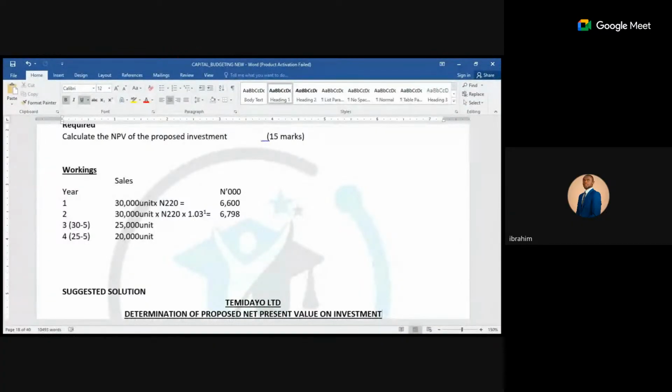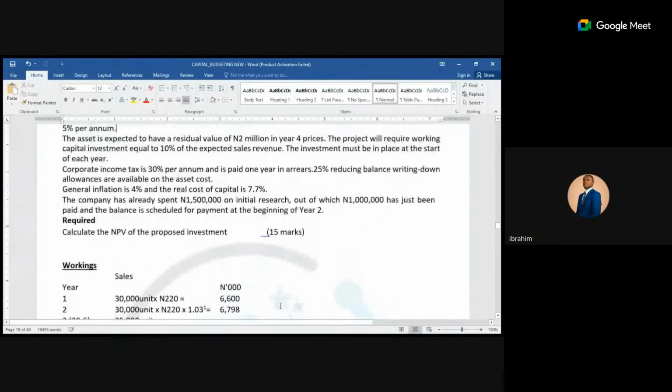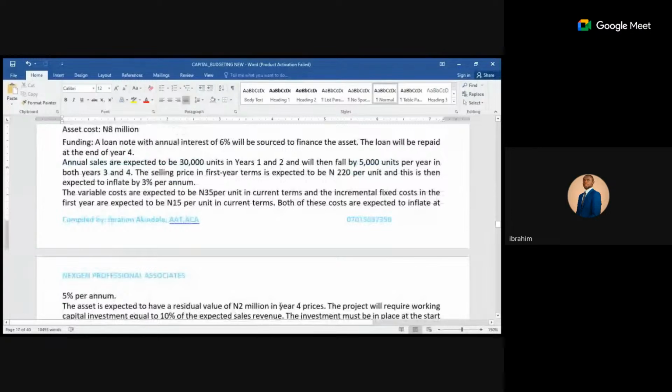Now let me start from Fumi. We'll use another method. The selling price in the first year is expected to be this, with no increment. That is 22 times 30.